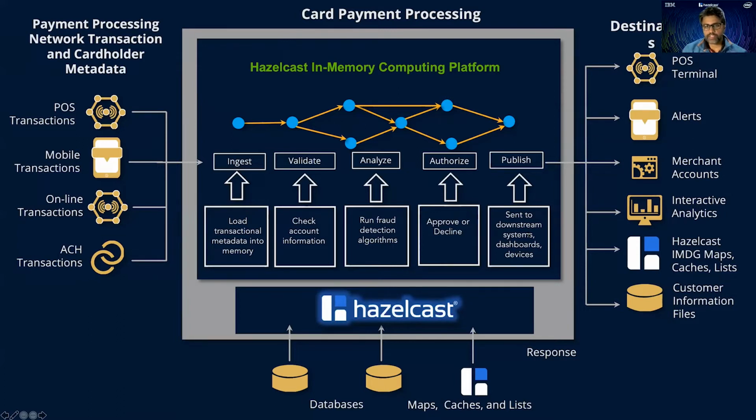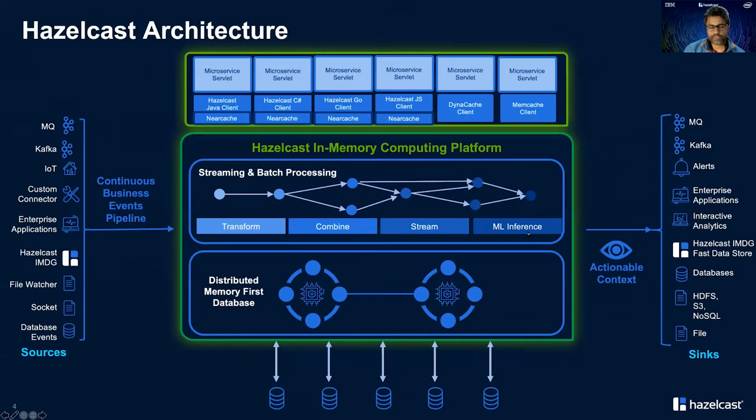So where does Hazelcast fit in? Hazelcast provides the infrastructure for all those things to happen at in-memory speeds. So instead of going to the database and running stored procedures, or instead of going to an Apache Spark or Flink-based infrastructure, which is completely disk-bound, and using data stores which are disk-bound, and spending seconds or minutes for one credit transaction to happen, we use in-memory capabilities where the transaction comes into the system.